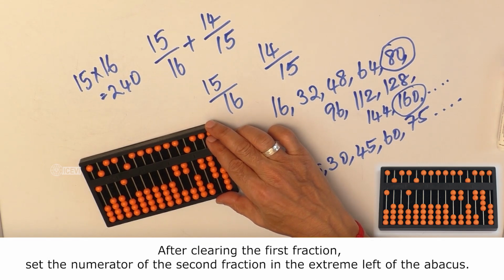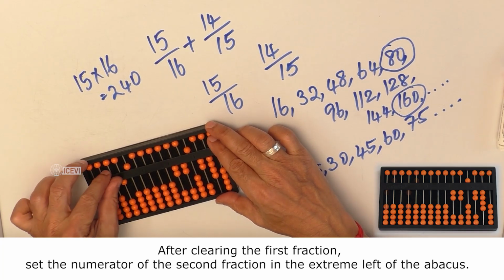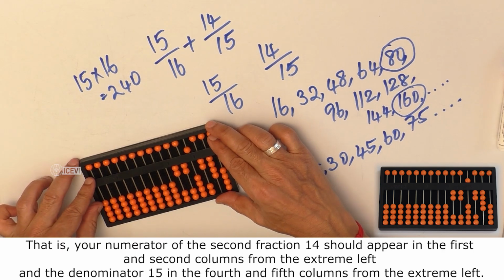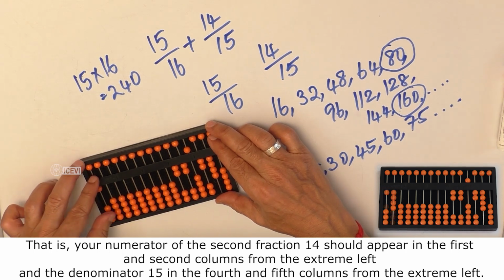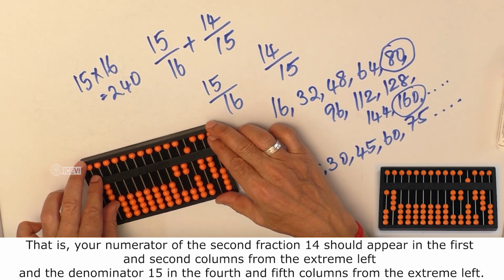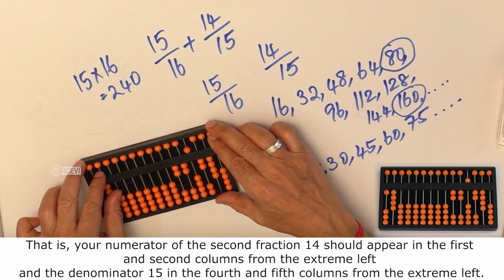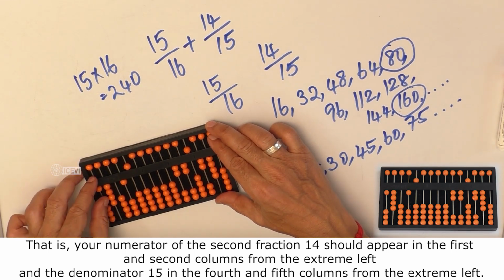Now, after clearing the first fraction, set the numerator of the second fraction in the extreme left of the abacus. That is, the numerator of the second fraction, 14, should appear in the first and second columns from the extreme left, and the denominator 15 in the fourth and fifth columns from the extreme left.